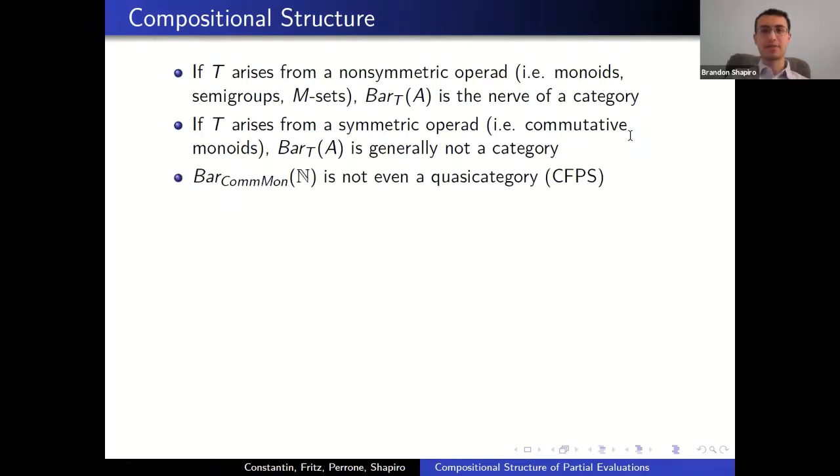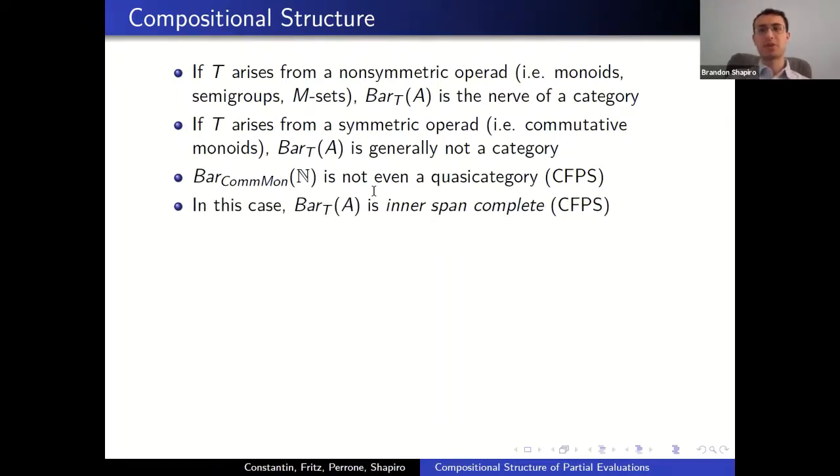And an example of this, which unfortunately I won't have time to draw out, is that the bar construction of the commutative monoid of natural numbers is not only not a category, it's also not a quasi-category. And if you're not familiar with quasi-categories, this is just a weaker notion of category among simplicial sets, which homotopy theorists are especially fond of.